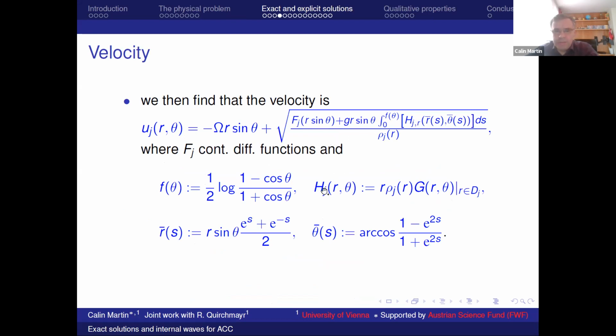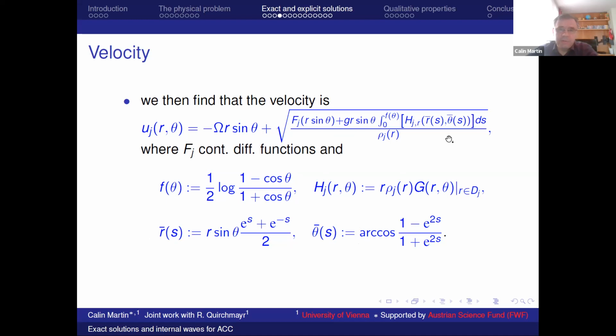There are a few quantities here that need some explanation. So this capital J is actually this term r times rho times the body force term, which appears along the e theta vector. And the other quantities are strictly related to the method of characteristics that we use to solve this.